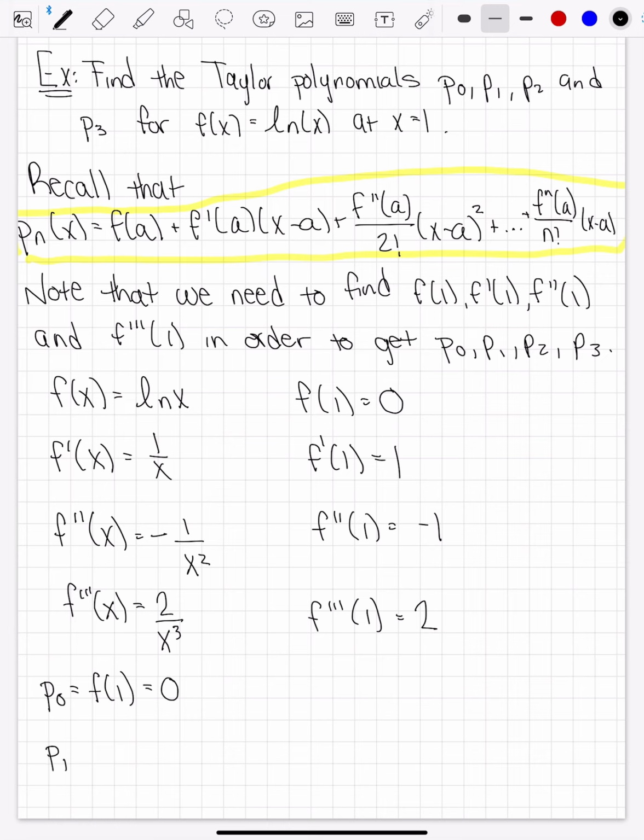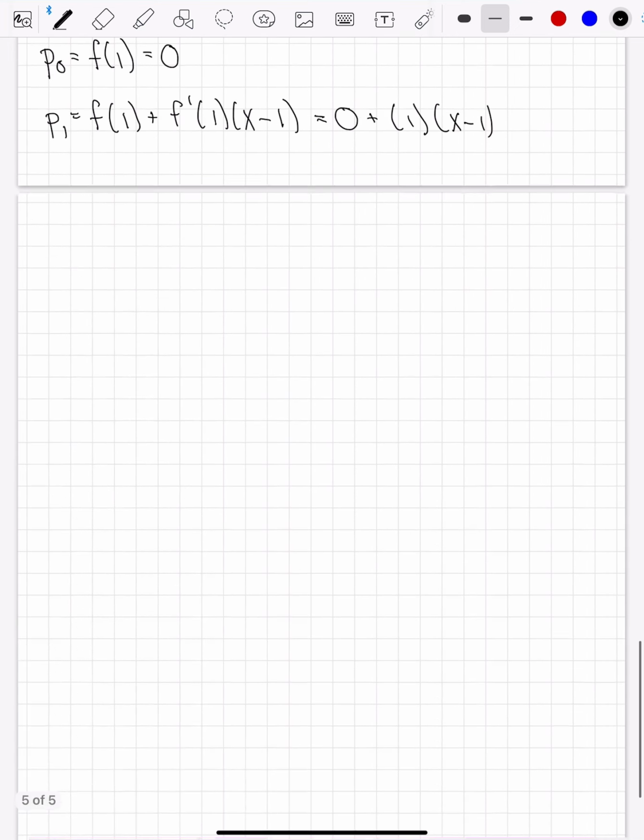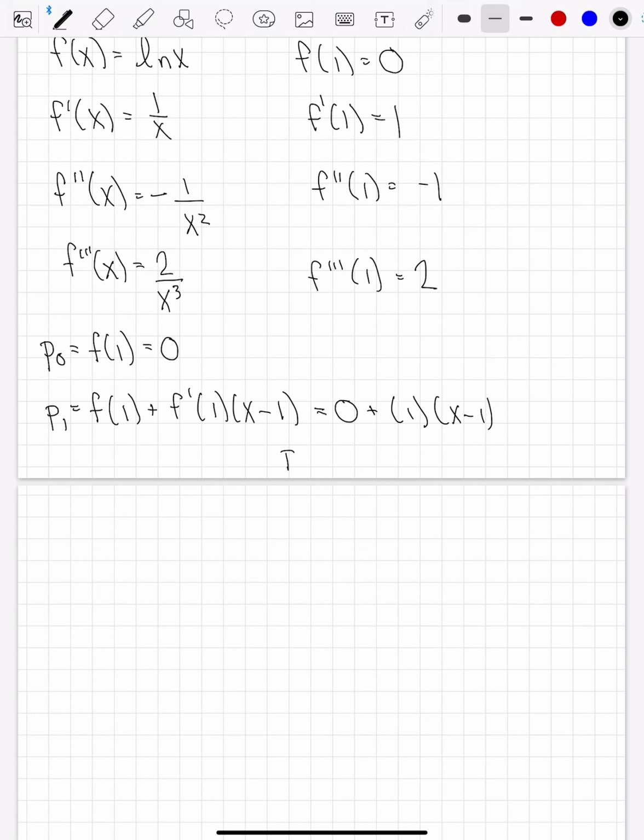And then P1 is the first term, f of 1, plus when we plug in n is 1, the first derivative at 1 times x minus 1. That simplifies to 0 plus f prime of 1, which we got was 1, times x minus 1. So P1 is really just x minus 1.